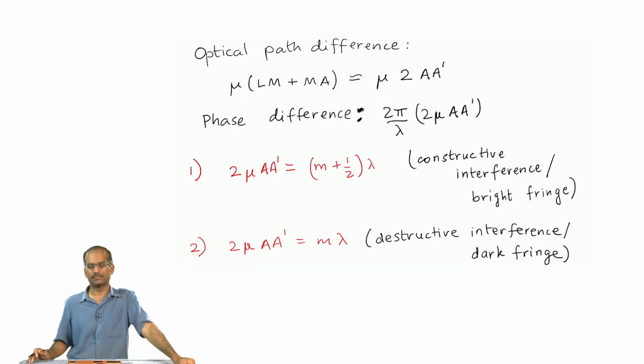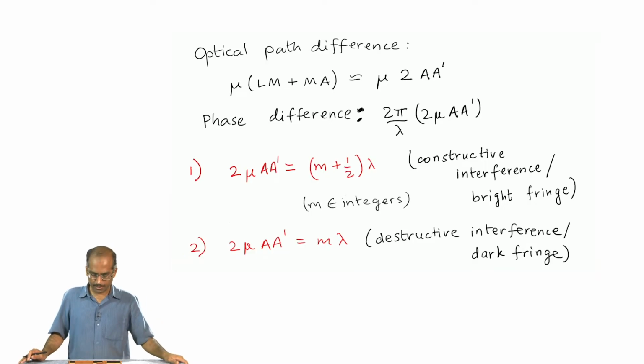And once I have this, it is straightforward to write down the phase difference: 2 pi by lambda times this optical path difference. From here we are just one step away from writing the conditions for bright and dark fringes, which I have written down here. The condition for bright fringes is 2 mu multiplied by AA prime equal to m plus half times the wavelength, and similarly when the path difference is equal to an integral multiple of wavelength, you get destructive interference.